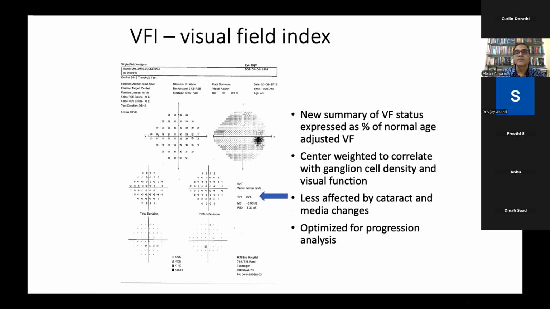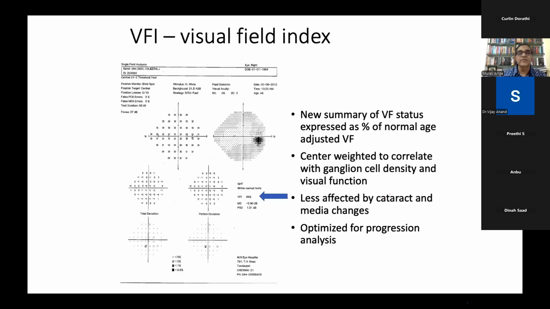The visual field index is a new summary of the visual field status, expressed as a percentage of the normal age-adjusted visual field. It is center weighted to correlate with ganglion cell density and visual function, is less affected by cataract and media changes, and is optimized for progression. If you want to look at the trend over time, the visual field index is very useful.